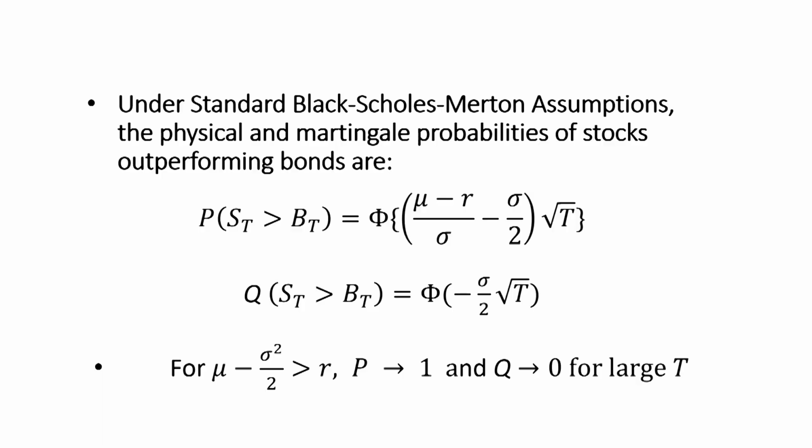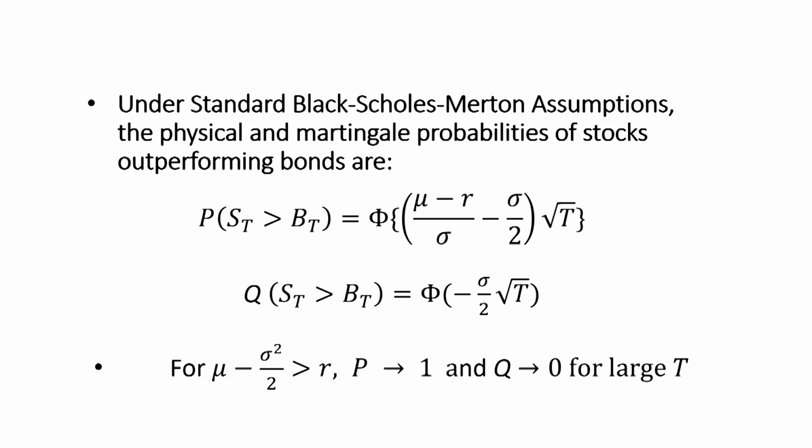Well, the probability, which is a physical probability, is simply the cumulative normal of the Sharpe ratio minus half the vol, times the square root of the horizon. But if you want to calculate the risk-neutral probability, the martingale probability of this happening, then all of a sudden you have phi of minus sigma over 2 times square root of T.